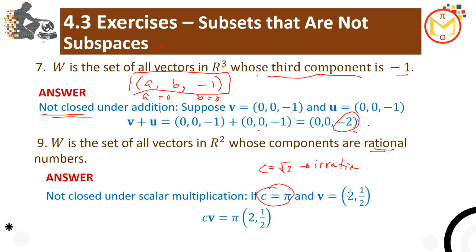But when I multiply that with pi, it will become 2 pi over 2, which is irrational. So it does not follow the definition given here for W, which is rational. And so it is not closed under scalar multiplication.